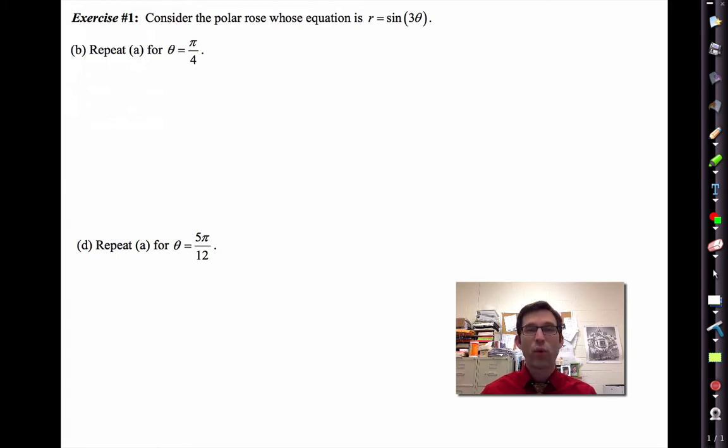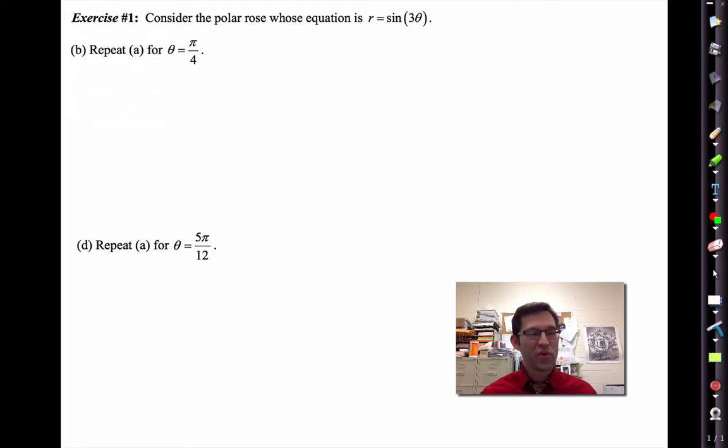It's really important that you do that because we're trying to develop a test right now. So pause the video, take up to 10 minutes to figure out r, dr d theta, graph the curve, and figure out whether or not the curve is getting closer or farther away from the origin, likewise whether the distance is increasing or decreasing. Okay, pause the video now.